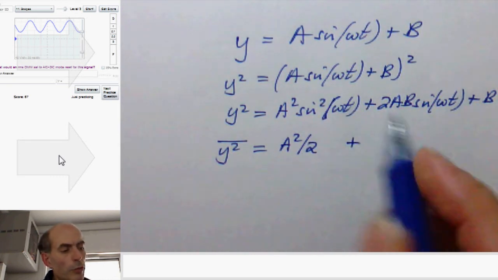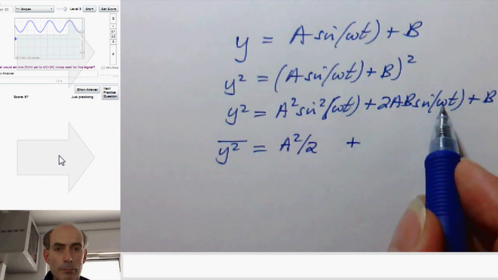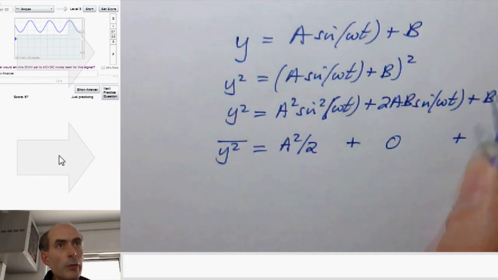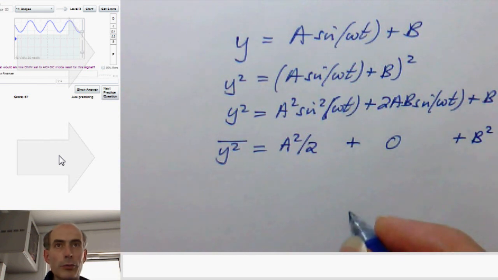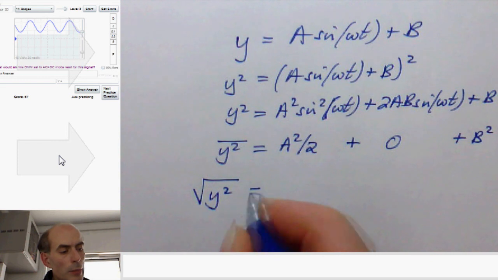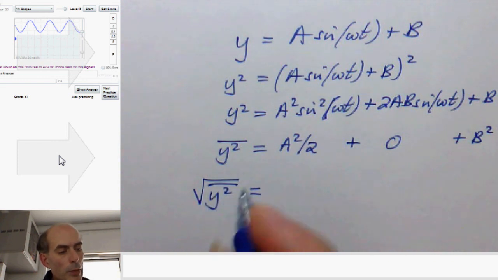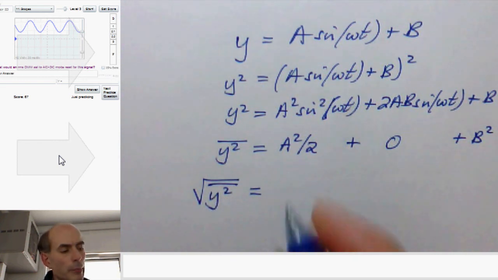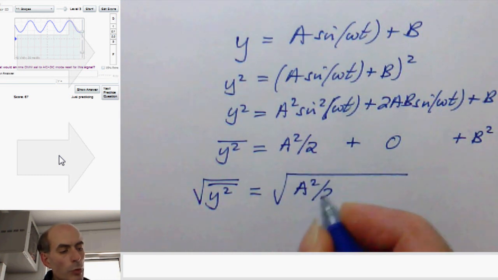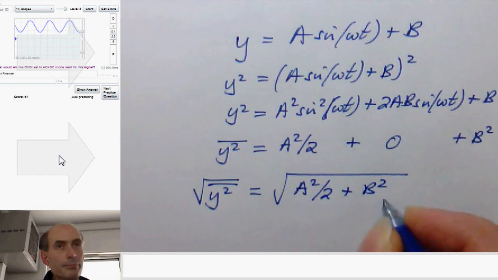The average value of this middle term here is 0, because that's a sine wave. It oscillates up and down, its average value is 0, and the average value of the final term, b squared, is just b squared, that's a constant. So the root mean squared, which is the square root of the average value of the square of the waveform, would just be the square root of a squared over 2 plus b squared.